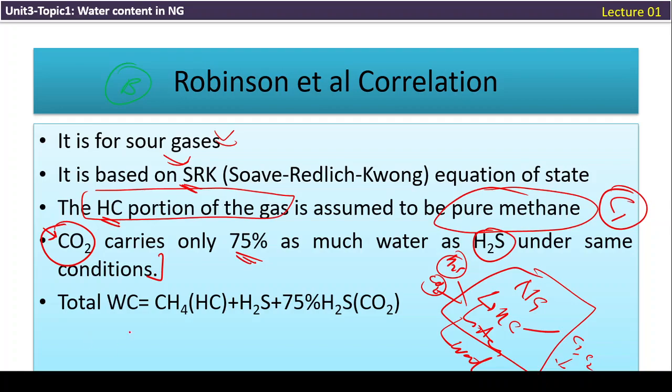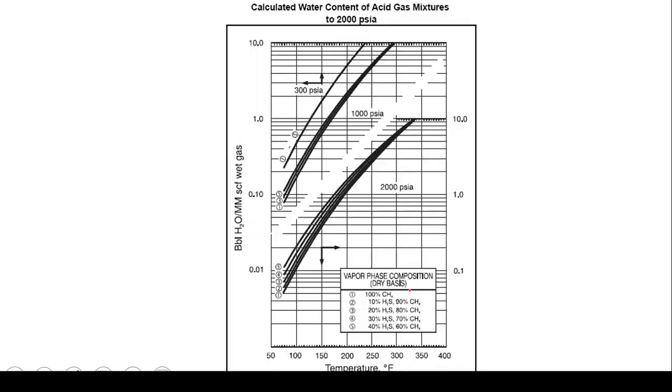The total water content can be calculated as the hydrocarbon portion as methane, plus the water content due to H2S, plus the water content due to CO2, which is 75% of the water content of H2S. That is simple. Now how do we do this? We basically need three graphs: one for methane, one for H2S, and one for CO2. See here how we can do it.